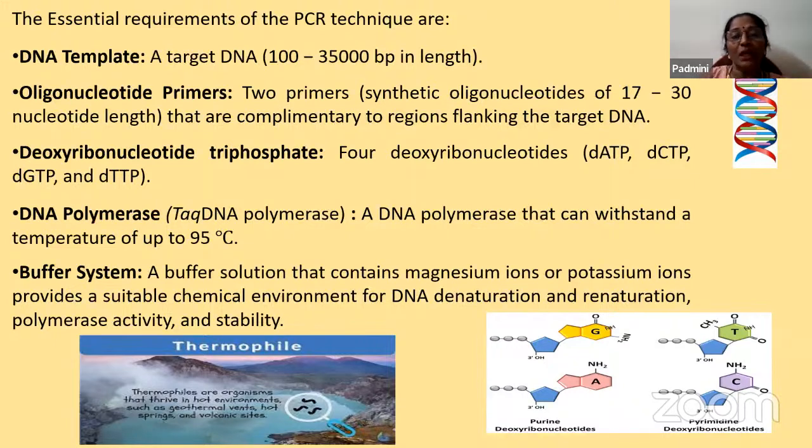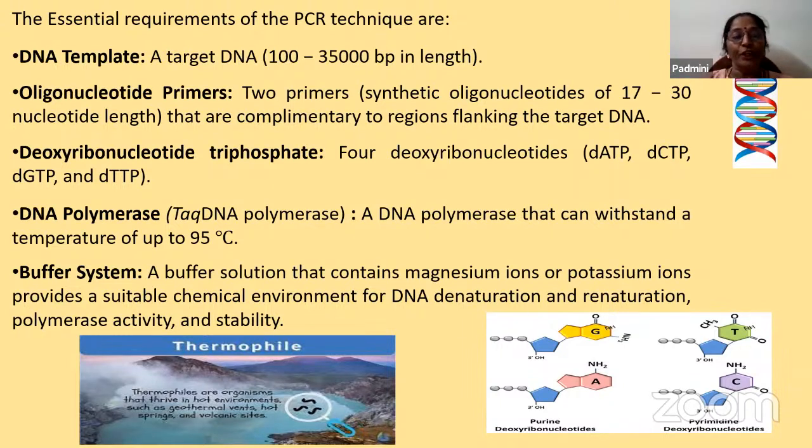When you talk about a particular DNA strand of your interest, you know the complementary nucleotide base pairs. You're going to prepare primers complementary to the place where the strands have separated. So you prepare 2 primers which are complementary to the regions flanking the DNA strands.